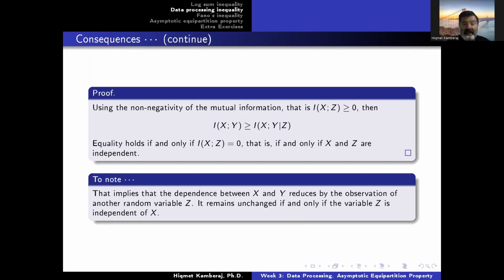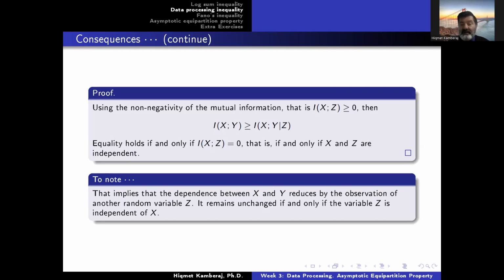Using the non-negativity of the mutual information, that is, the mutual information between x and z is non-negative, we can arrive that the mutual information between x and y is greater or equal to the mutual information between x and y given z. Here, the equality, which could be a second part of the theorem, holds if and only if the mutual information between x and z is equal to 0.